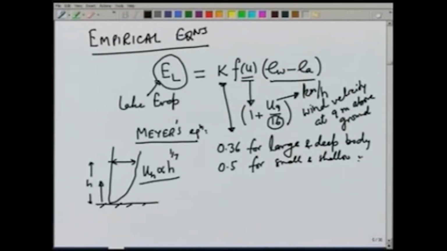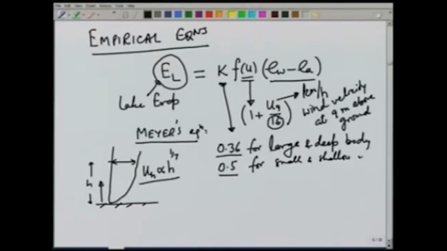So once we know what kind of water body it is, we know the K, we can measure the wind velocity. Wind velocity measurement is generally done at some particular elevation. So this 9 meters or 30 feet was the commonly used elevation, but if we measure at some other height, suppose h1, we can always convert any other measurement.